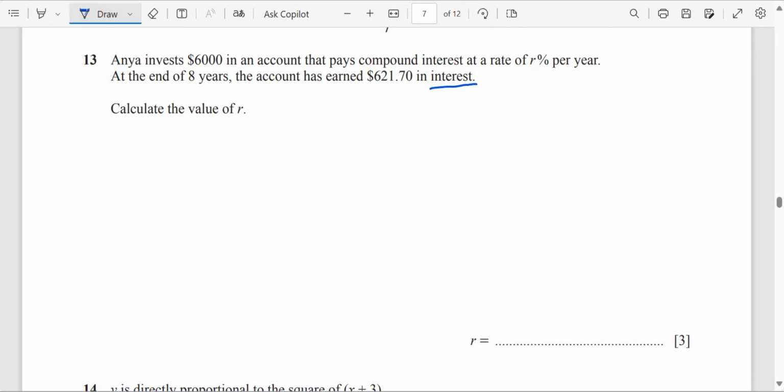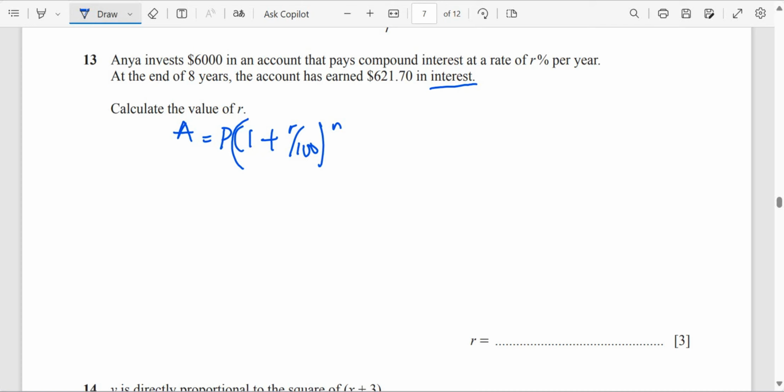So I'm going to use this formula. A equals P into bracket 1 plus R over 100 raised to power of n. So if I use that formula, what is my A? What is my amount? Take note, the amount is not 6,000.